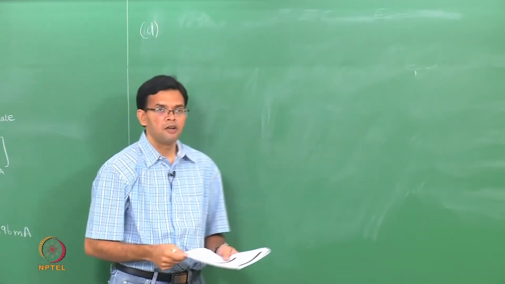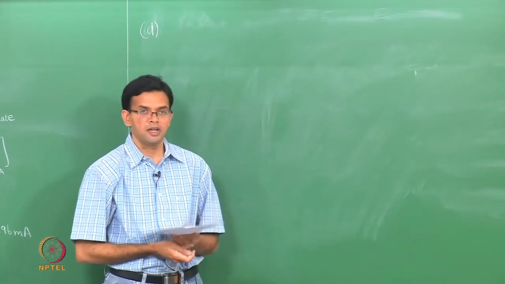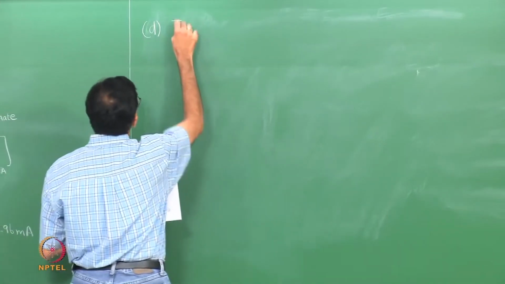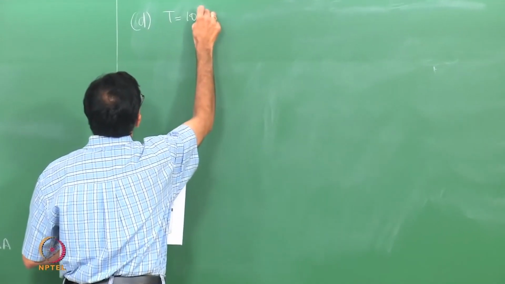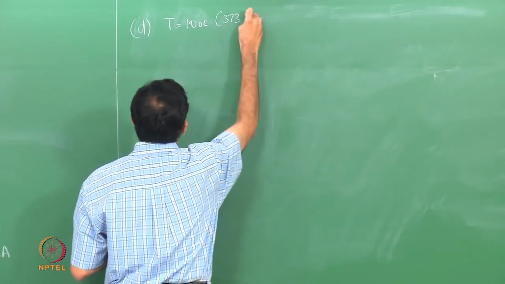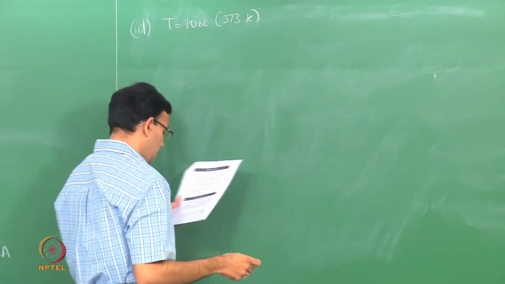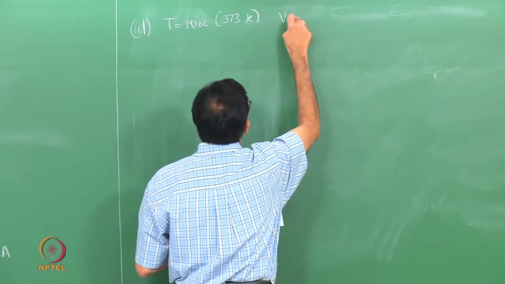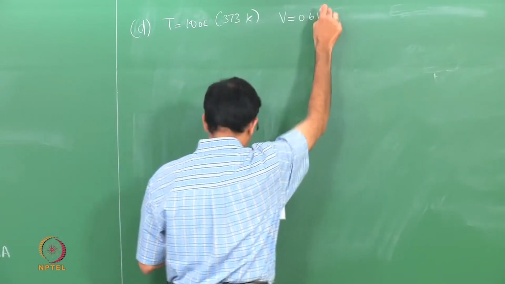Part D, we want to estimate the forward current at 100 degrees. So, the temperature is now increased. You can write this in Kelvin. So, that is 373 Kelvin. The voltage is the same. So, V is 0.6 volts.